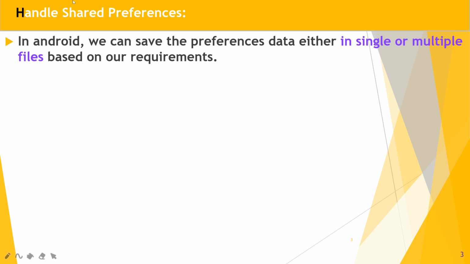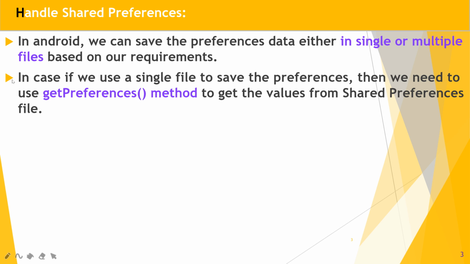In Android, we can save the preferences data either in a single or multiple files based on our requirement. In case we use a single file to save the preferences, then we need to use the getPreferences method.